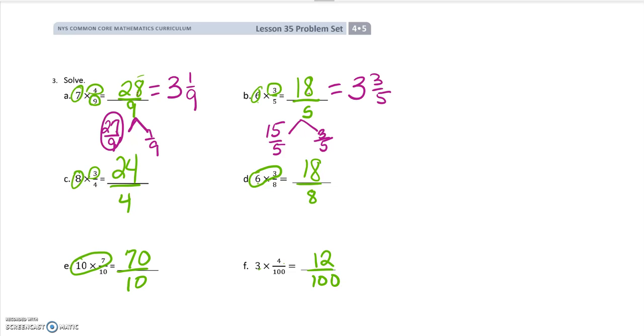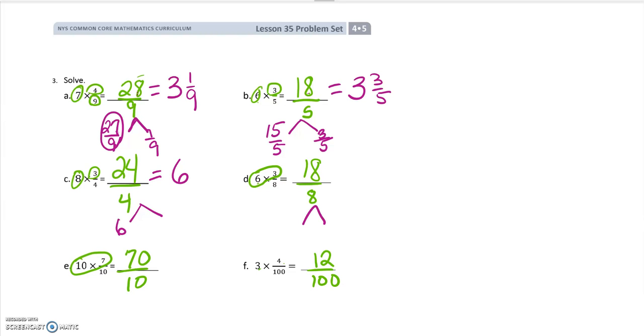Okay, this is thinking back a couple lessons. We have 24 fourths. How many groups of 4 can we get out of 24? So let's skip count. 4, 8, 12, 16, 20, 24. Ooh, that's 6 whole, and there are none left over. So I can make 6 whole out of that.